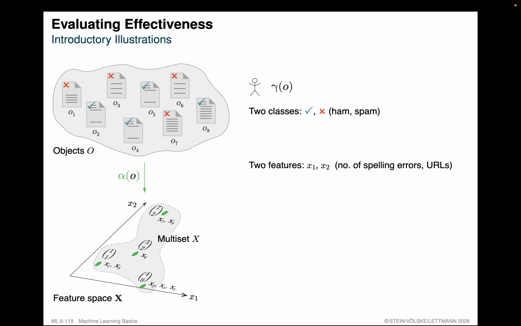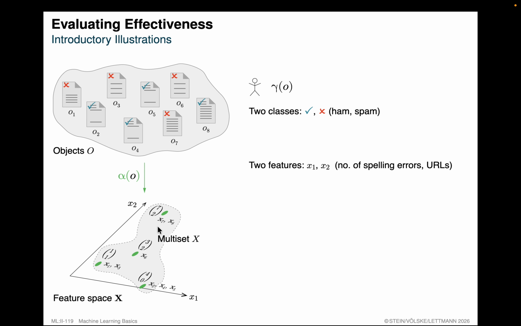And what we see is, given these two features, by construction, that there can be emails which have the same number of spelling errors and the same number of URLs, albeit they are two different emails.